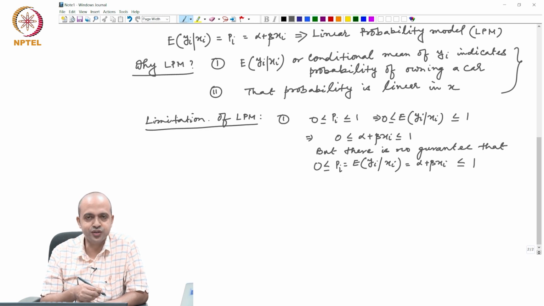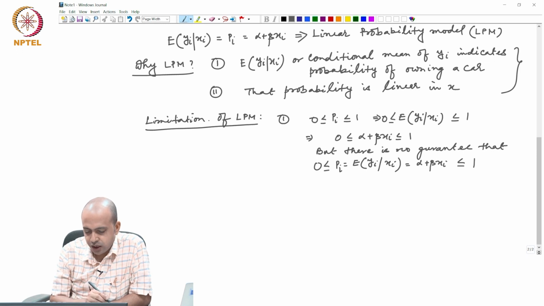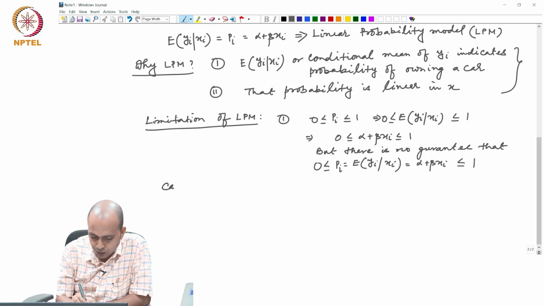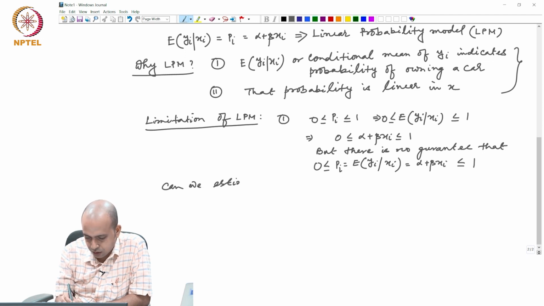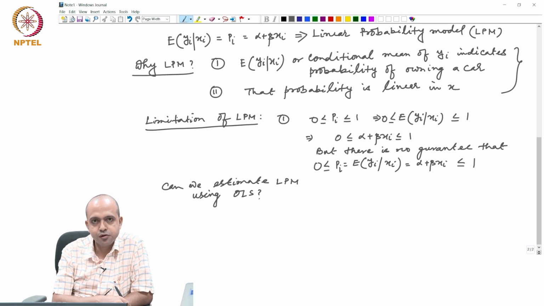What will happen if we estimate the model using OLS? Can we estimate LPM using OLS? That is also something we need to think about.